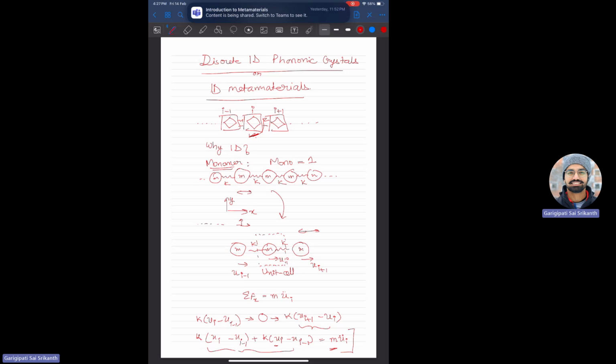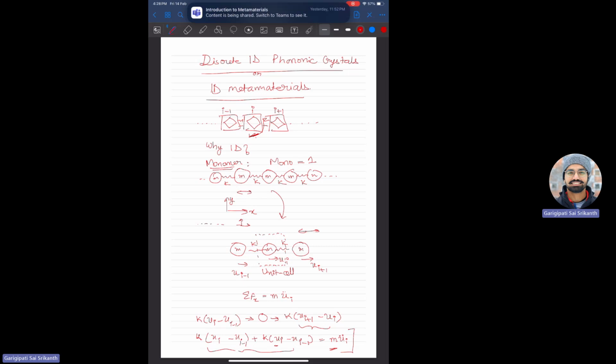If this is i, this is i plus 1, and i minus 1. So inside this unit cell, the total degrees of freedom will be 1. Of course, if you consider an infinite crystal, then the total degrees of freedom are infinite.